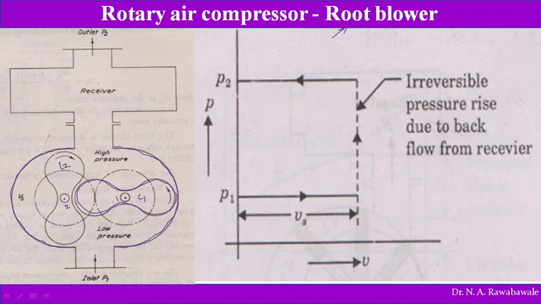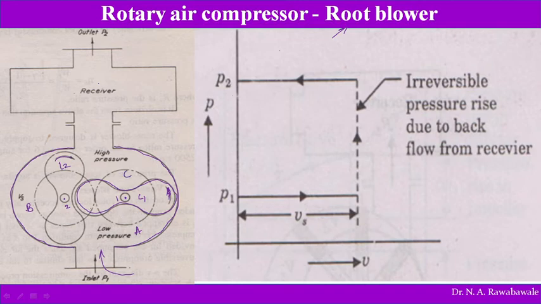These are operated by a back gear arrangement, and these lobes rotate in opposite directions. So if one rotates clockwise, the other rotates anti-clockwise. Here the inlet air supply is given from the bottom. The atmospheric air enters the compressor from the bottom, and we will see 3 compartments now: compartment A, compartment B, and compartment C.